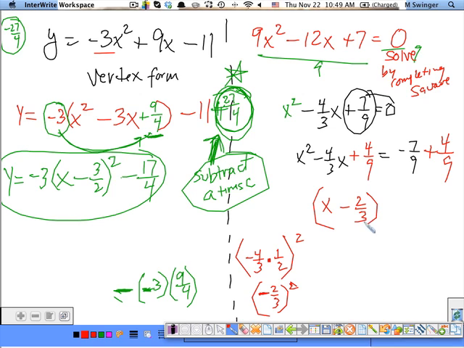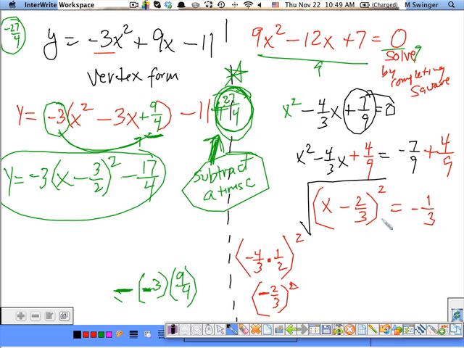Everybody should have negative 2 thirds squared, equals this plus this is negative 3 ninths, which is really negative 1 third, so I'll change that up a little bit. Negative 1 third.